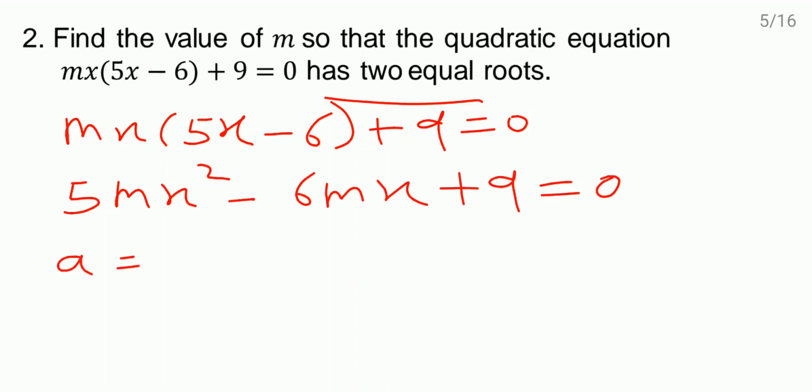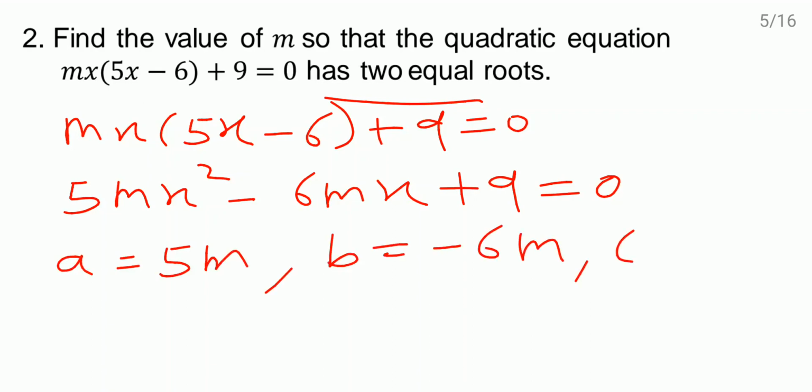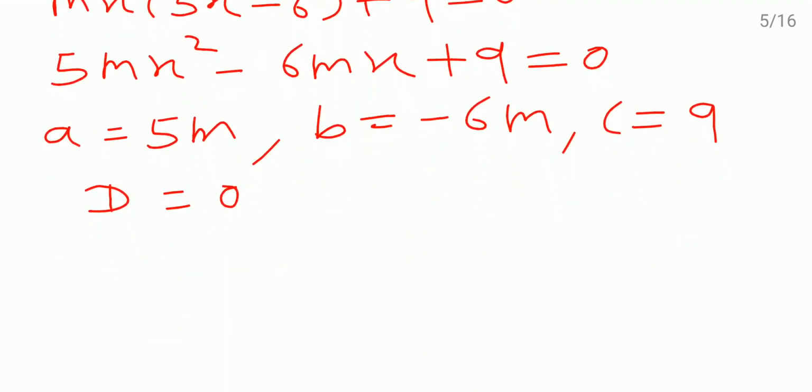Value of A is 5m, value of B is minus 6m, and C is equal to 9. As they said, this equation has two equal roots, it means that the discriminant is equal to 0. Discriminant means B square minus 4AC, which is equal to 0.